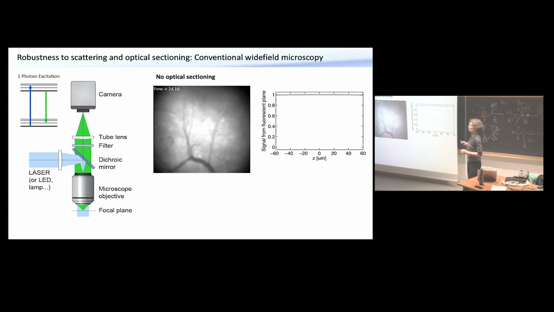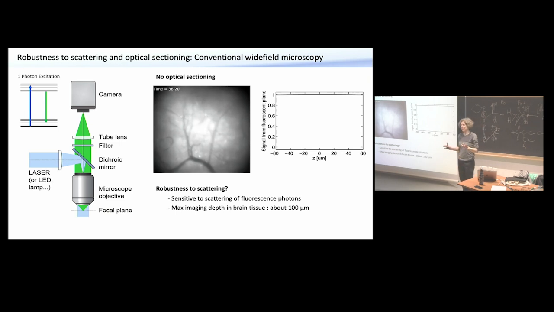And if we come back to our optical sectioning characterization, it gives a flat signal with the fluorescent plane as a function of Z. What about robustness to scattering? It's not great either, because scattered fluorescent photons will reach the camera at a place where they are not supposed to, and you will get a blurred image.